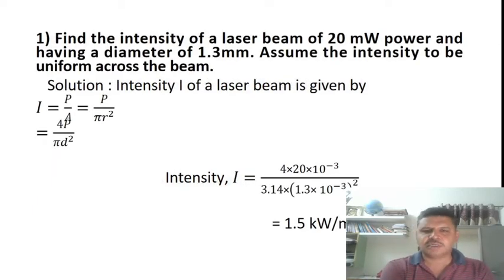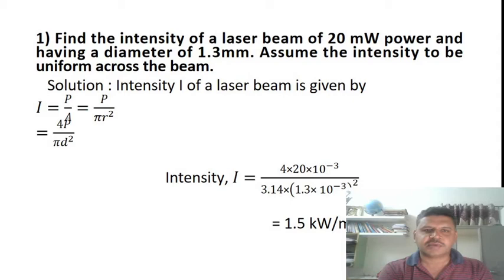So here let us begin with the first problem. Find the intensity of a laser beam of 20 milliwatt power and having a diameter of 1.3 millimeter. Assume the intensity to be uniform across the beam.